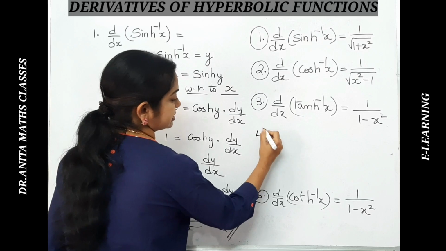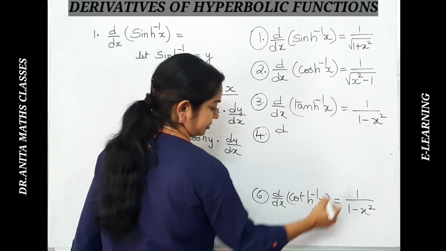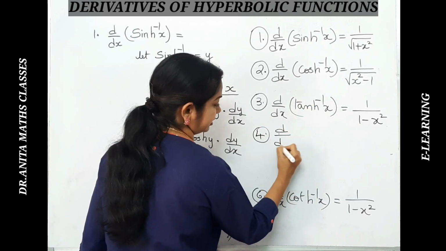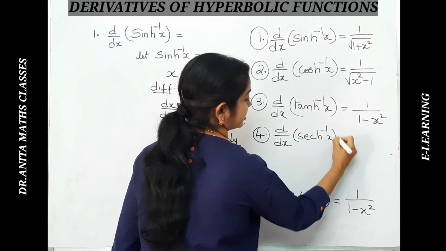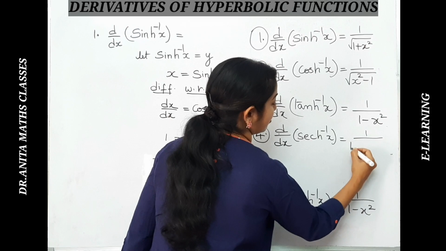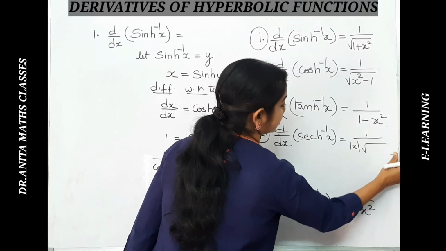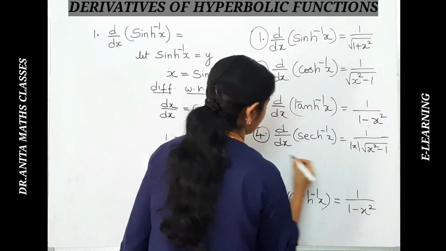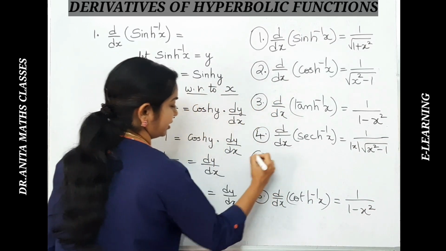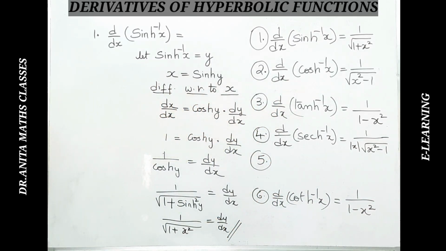Now coming to the secant. I have written it here. Secant h inverse of x is equal to minus 1 upon mod x under root 1 minus x square.